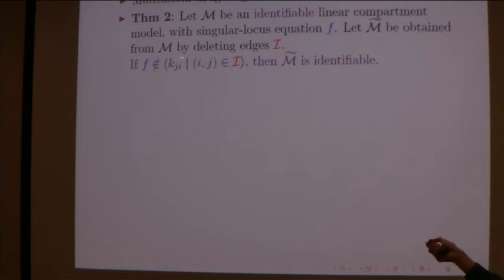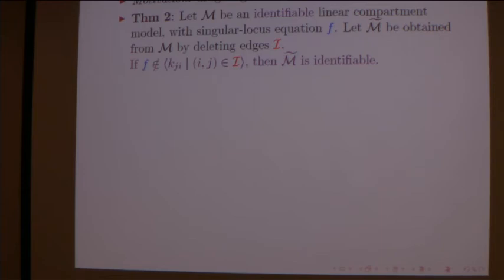When I plug in the corresponding k's equal to 0, since I deleted some edges, do I get the 0 polynomial or not? As long as I don't get the 0 polynomial, then the smaller model I have is still identifiable.